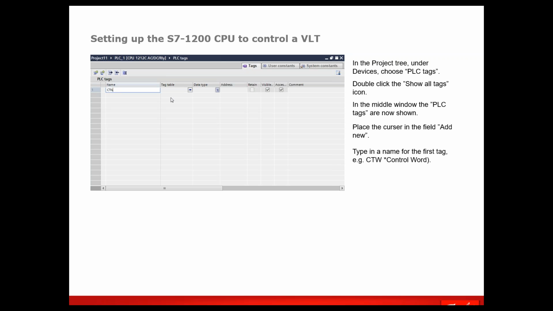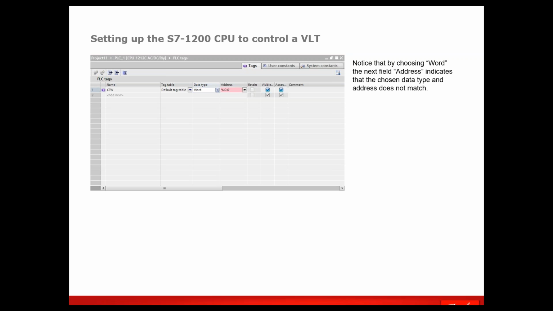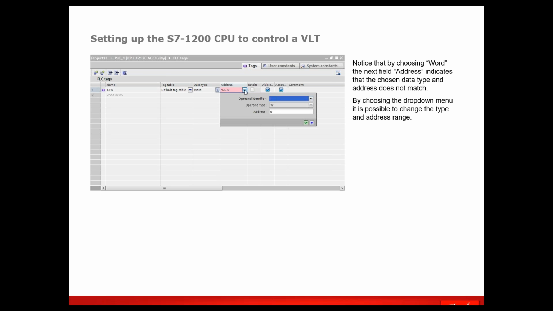In this case, we're going to start with the control word. So the first tag we're going to call is CTW for control word. The data type is going to be a word. It's a 16-bit word for the drive. And then the address has to match the drive. So in this case, we're going to change it. Click the down arrow.